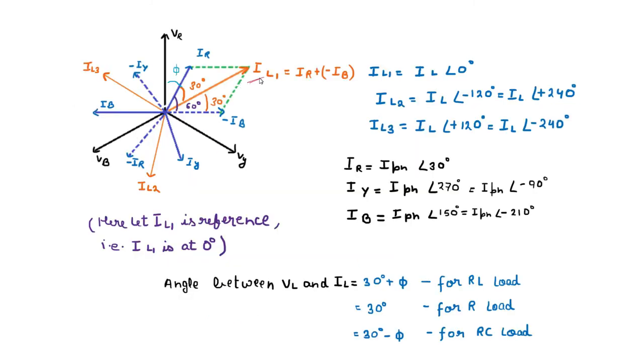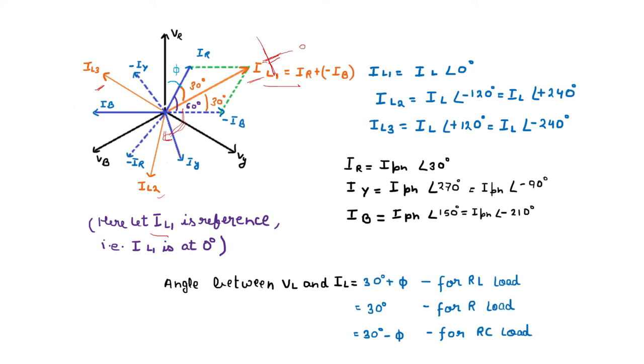Okay, so here we have drawn the remaining components, which are IL2 and IL3, like this. Here we have taken IL1 as a reference, meaning we are assuming that this is at angle 0, so you have to shift your graph like this. Then IL1 is equal to IL angle 0 degrees. Then what is IL2? IL2 is at minus 120 degrees.